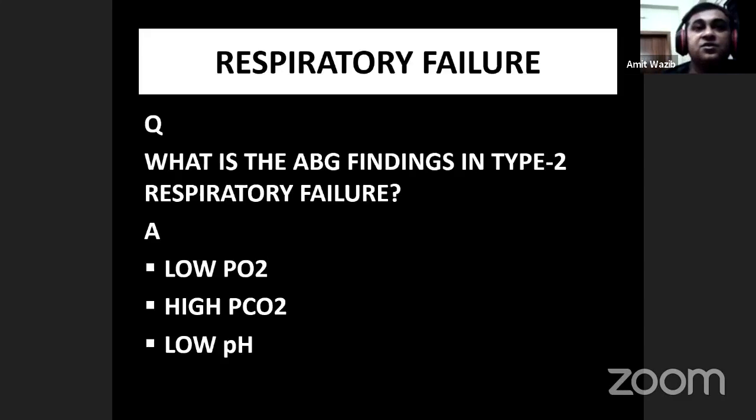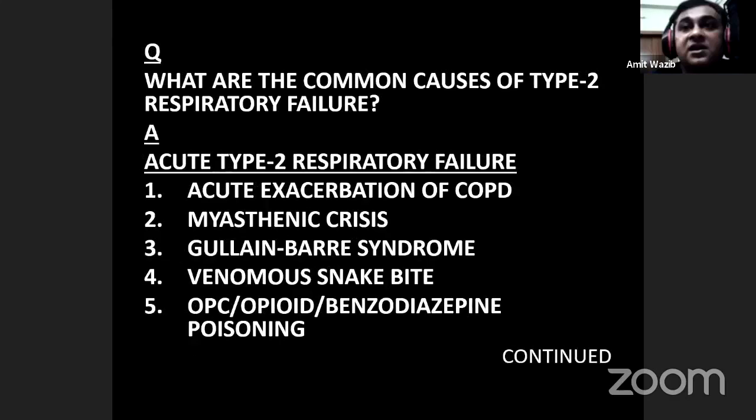So again, what are the causes of type 2 respiratory failure? We will have acute and chronic. Type 2 respiratory failure is actually caused by COPD and any condition that causes paralysis of the respiratory muscles.